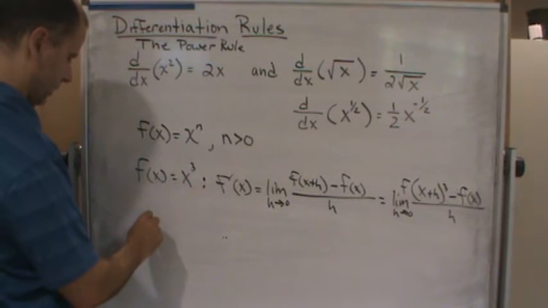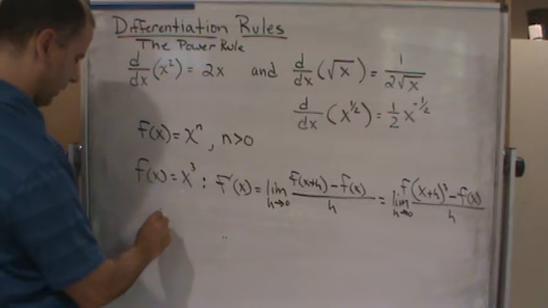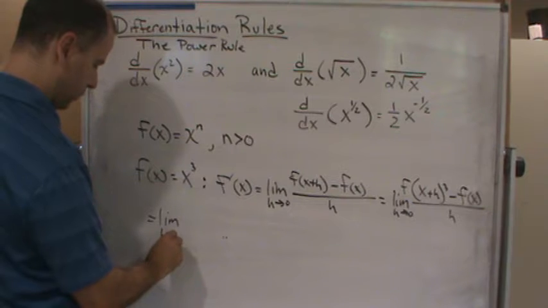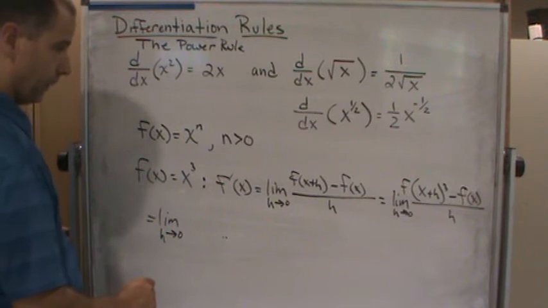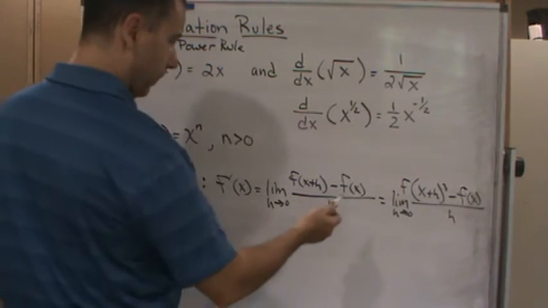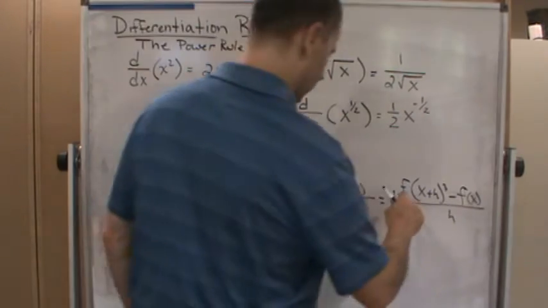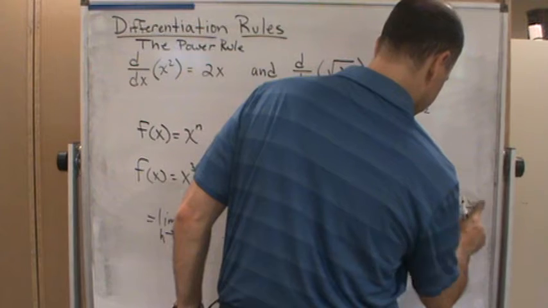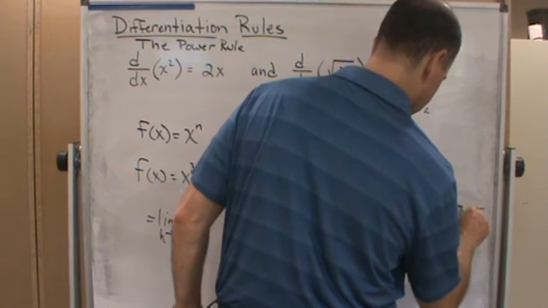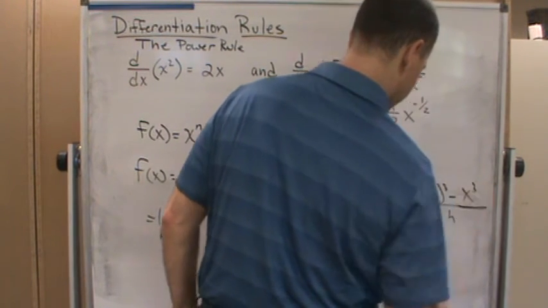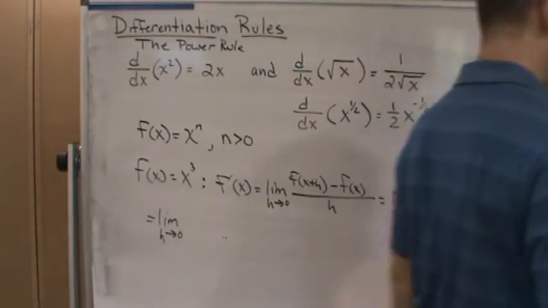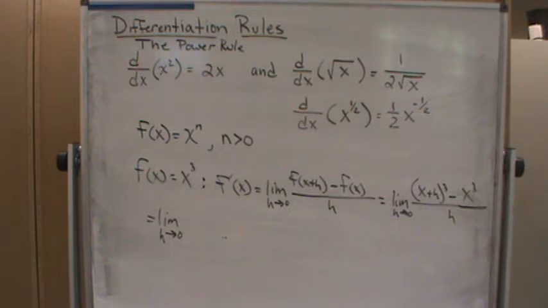And this is going to equal the limit as h approaches 0 of what? Well, oh, I'm sorry. Hold on. I'm losing track here. This should be x cubed. Okay, so now, as before, all we're going to do is simplify this.